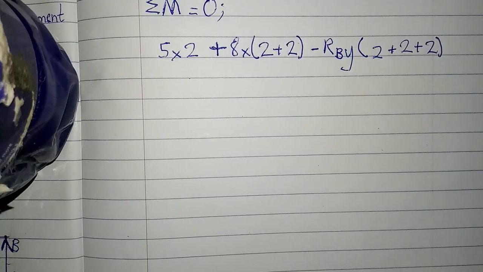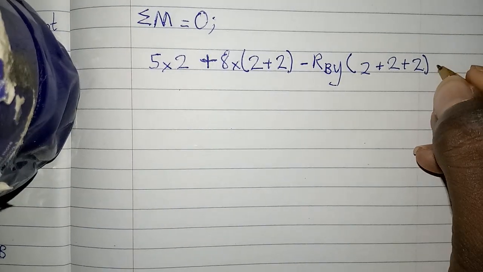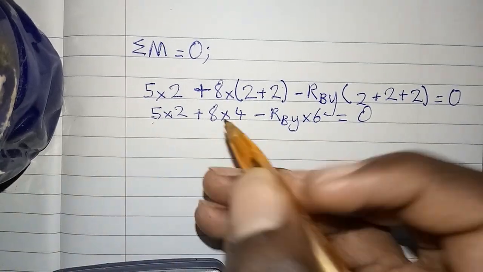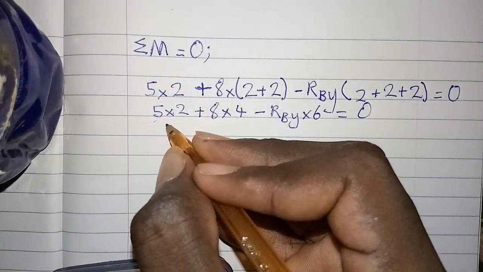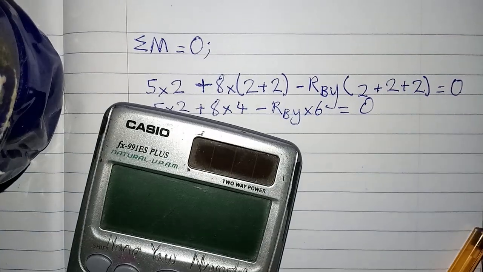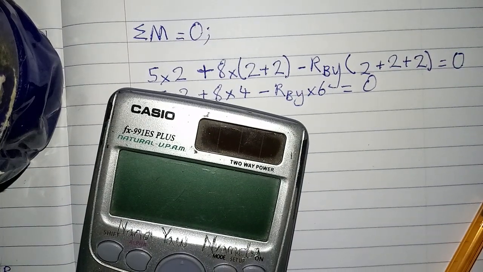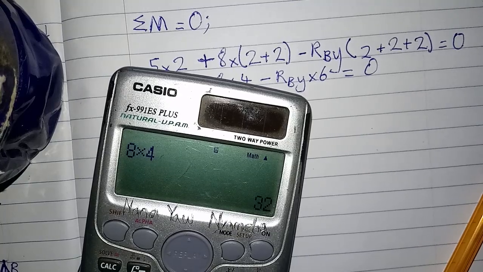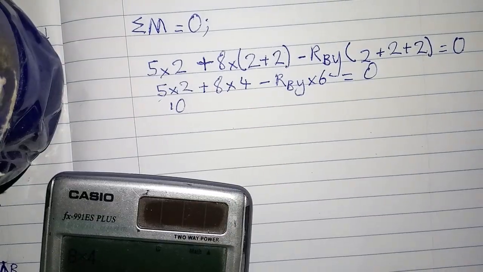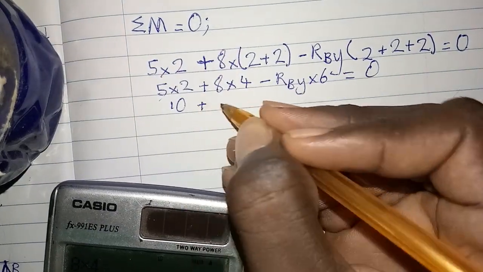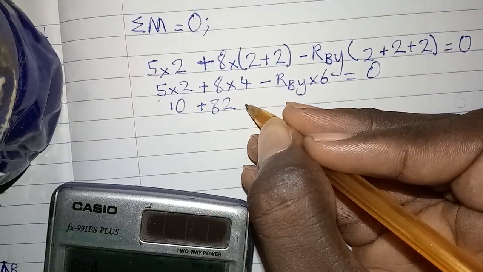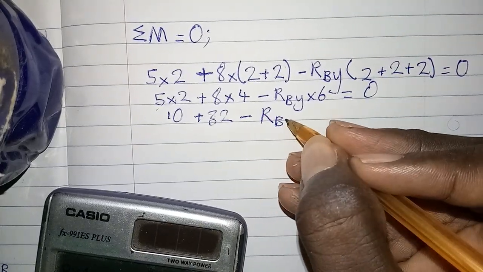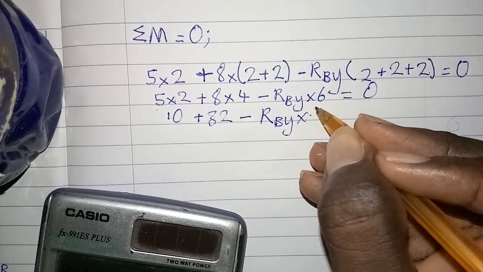So let's solve. 5 times 2 is 10. 8 times 4 will give you 32. So plus 32, and negative RBY times 6.